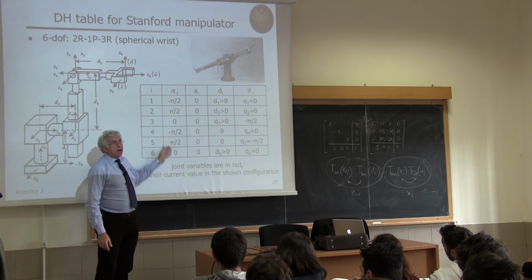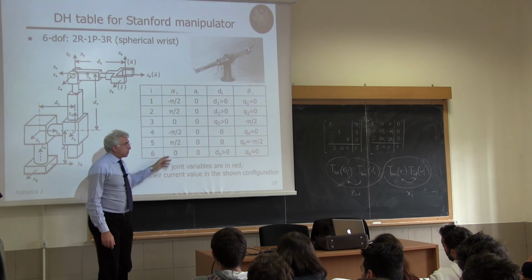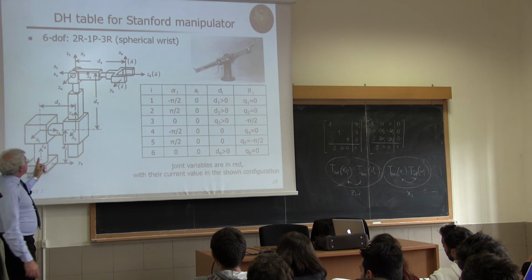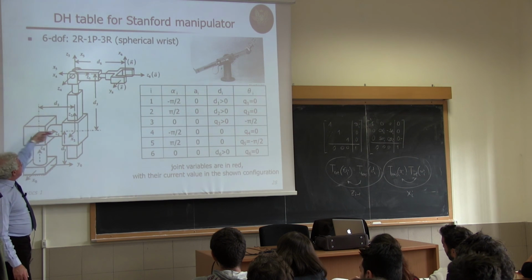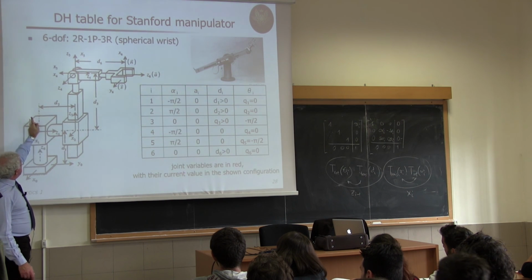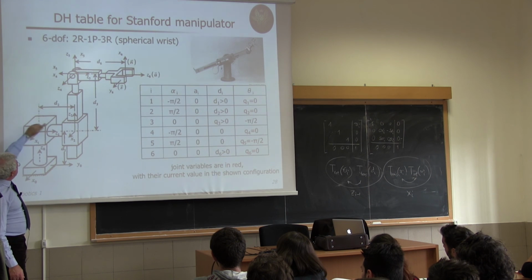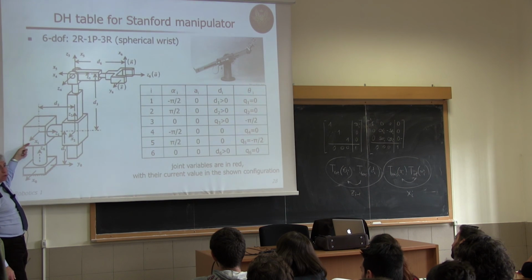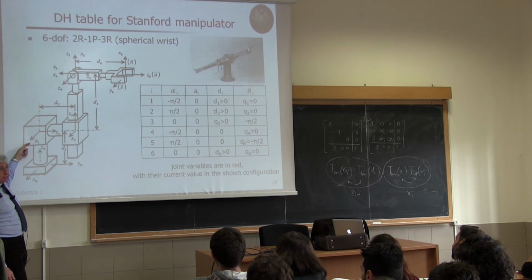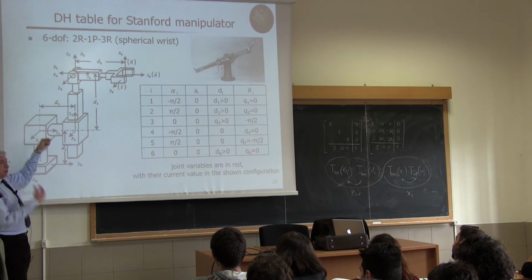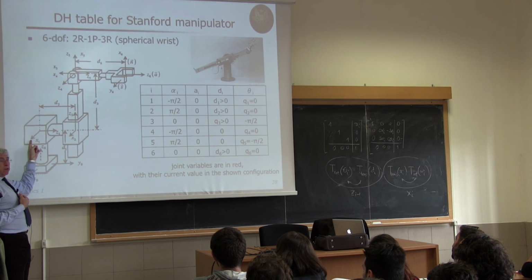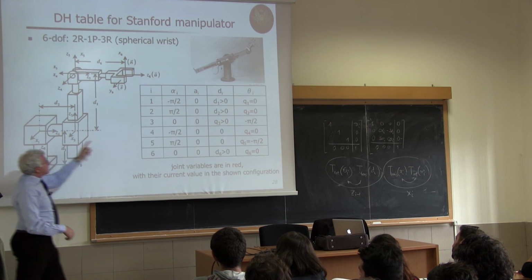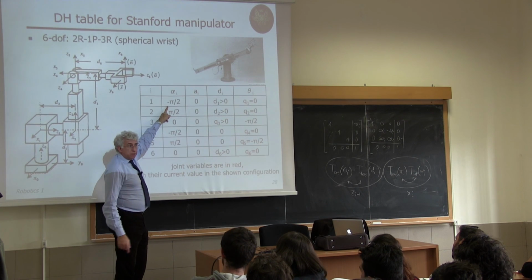Let's look just at the alpha, the twist of the z-axis. I have z0 here and z1 here. Now z0 rotates and goes over z1 as seen from the common normal, which is the x1 axis. Since this rotation, with my head on the arrow, is clockwise, this is -pi/2.